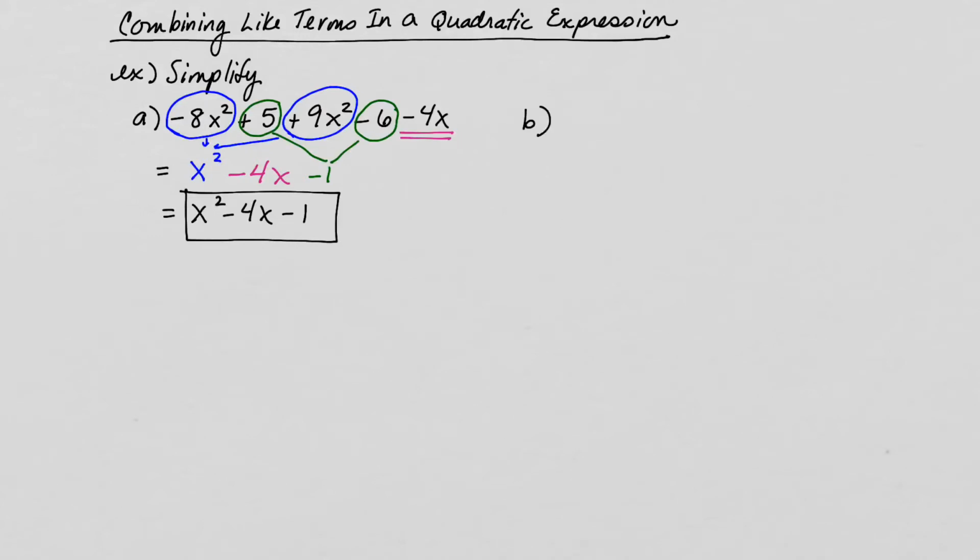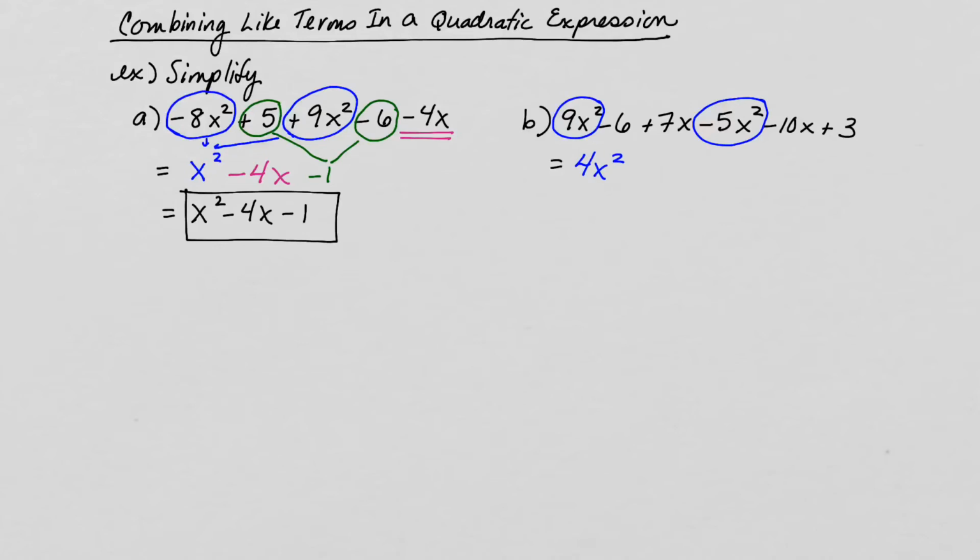So part B here, I have 9x squared minus 6 plus 7x minus 5x squared minus 10x plus 3. So if I look for things that are like, I usually look for the x squared terms first. So there's a 9x squared and a minus 5x squared. So together, 9 minus 5 is 4x squared.